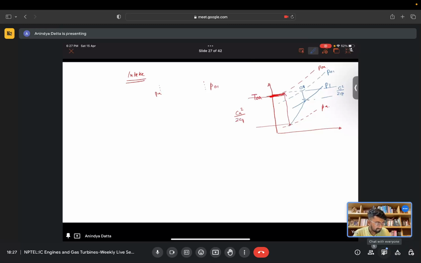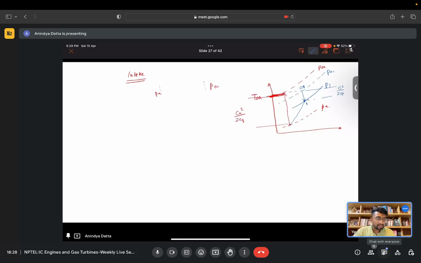Ideally, if the flow is isentropic, the stagnation pressure at the end of the intake will be equal to the stagnation pressure at the intake. Remember that the intake is a diffuser. We have discussed that for isentropic flow the stagnation pressure and temperature in a diffuser remain constant, but if the flow is non-isentropic, the stagnation temperature will remain constant but there will be a fall in stagnation pressure.